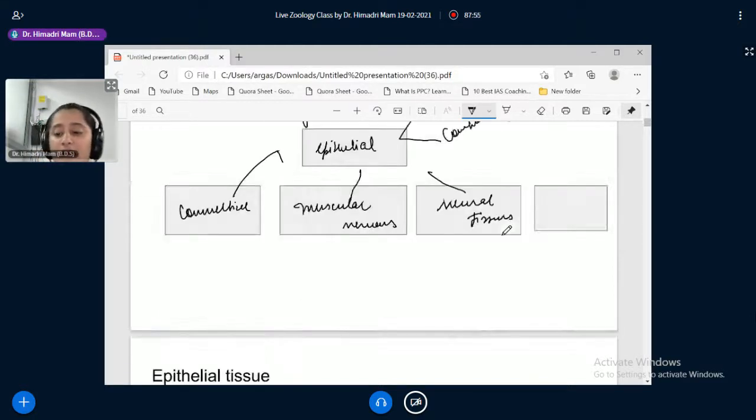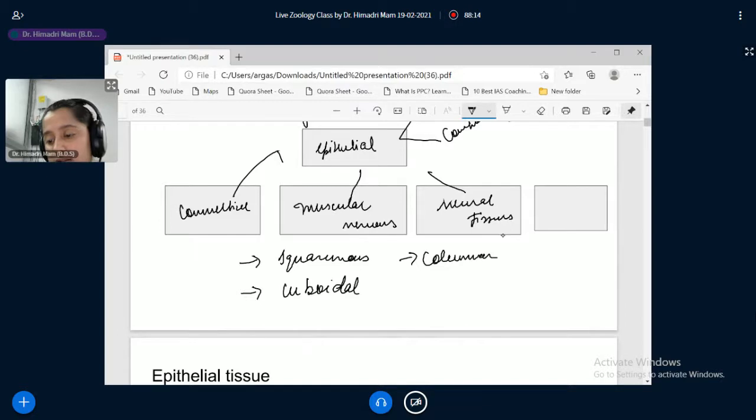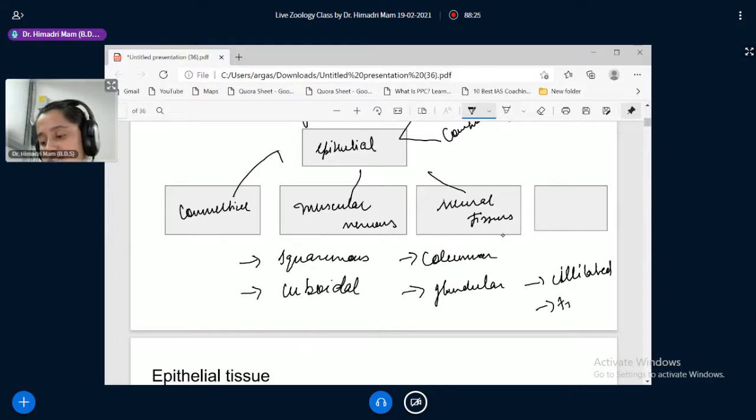We have different shapes also: squamous, cuboidal, columnar, then glandular, ciliated, and the last one is transitional epithelial also.